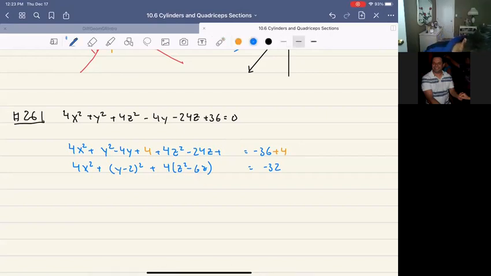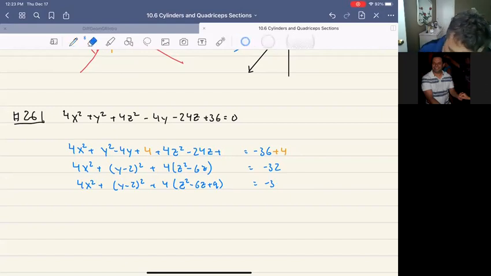So 4x squared plus y minus 2 squared plus 4 z squared minus 6z plus 9 equals negative 32 plus, why did I write 39? Negative 32 plus 36, right? Because I have to add not just 9, but 4 times 9.